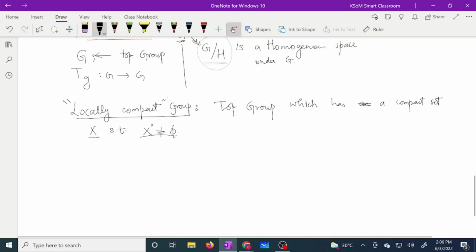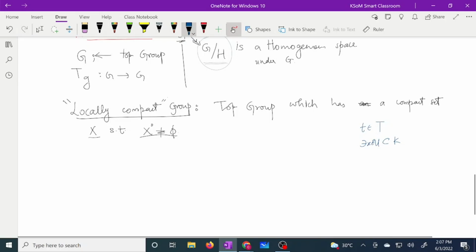So let me repeat, the actual topological definition requires every point in the topological space to have a compact neighborhood, which means there exists, let's call T our topological space, and for every x in T there exists an open set U contained in K, where K is compact, U is open, and it should contain x.